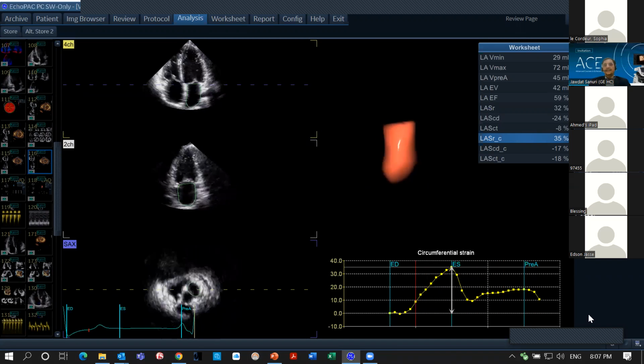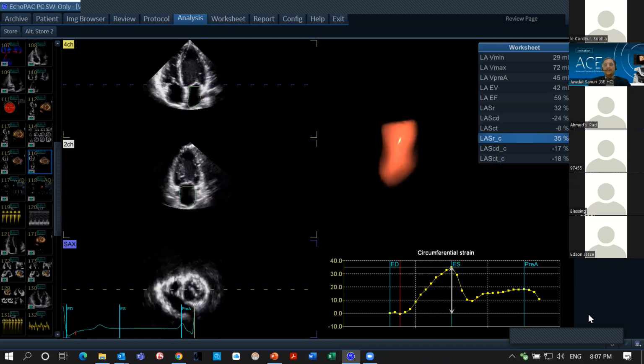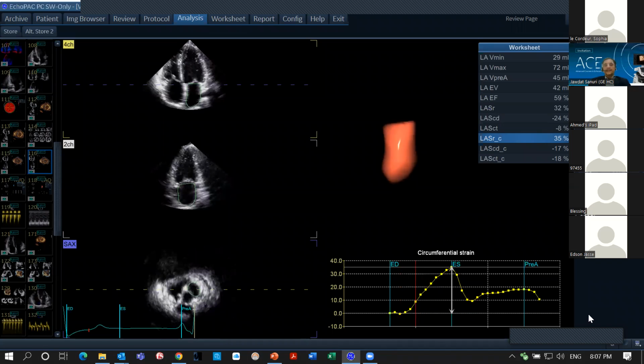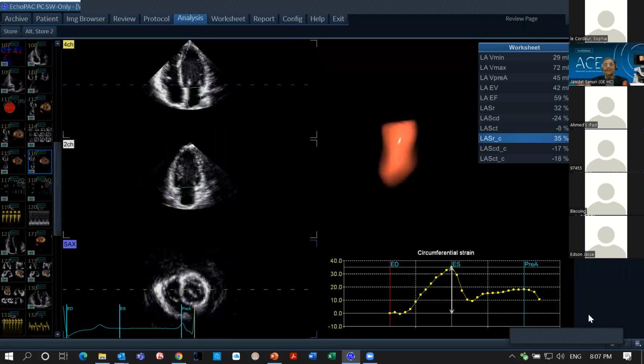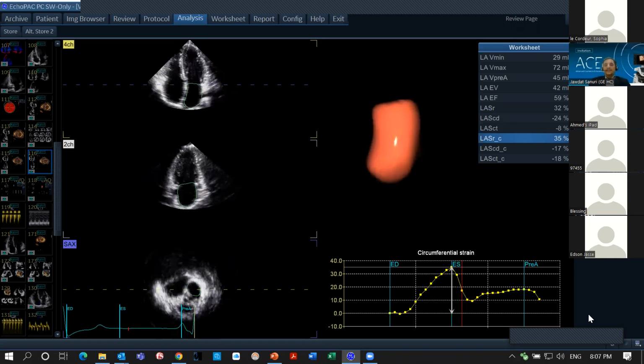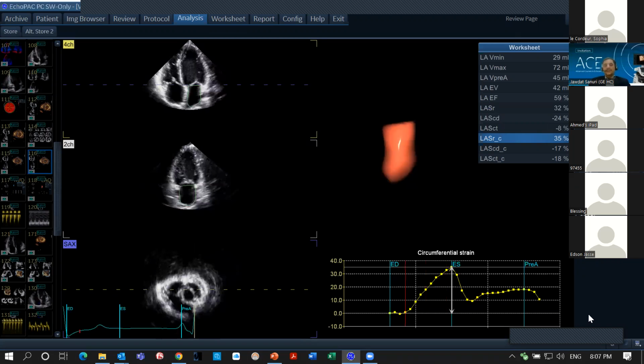It is the literature and the ESC and the American Society of Echo guidelines as well that will decide the values. So to be honest, I'm not sure, but I'm happy to hear your experience with it, and what you think is the absolute value. And if anybody has any input, we are more than happy to share it.